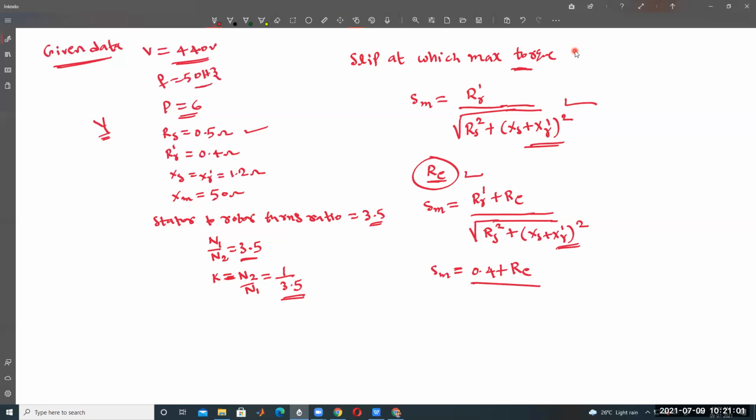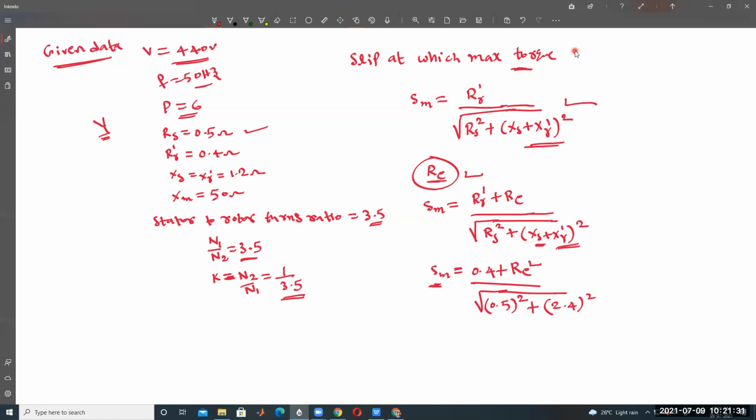How much is RS here? 0.5. And how much is XS here? 1.2 plus the same, both are same, no? XS and XR dash, that's why 1.2 plus 1.2, 2.4, 2.4 whole square. So here the unknowns are the slip at maximum torque, and RE.